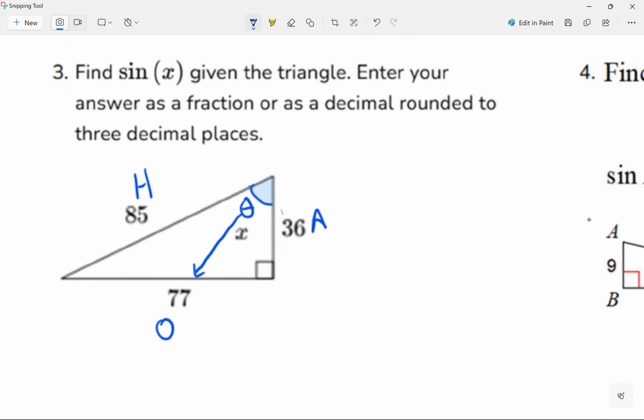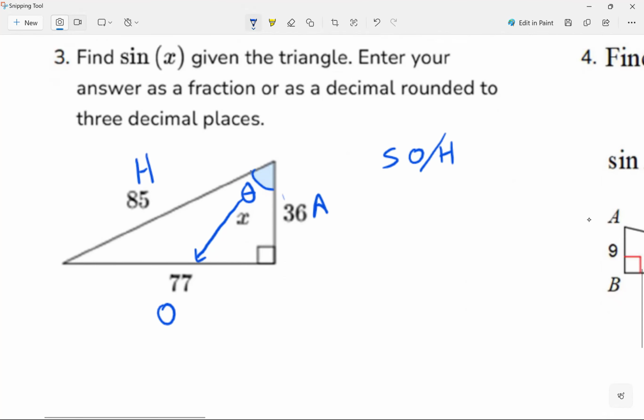I remember sine starts with the letter S, so for my acronym SOHCAHTOA, I know I gave you guys SOH, and that stood for sine is opposite over hypotenuse. So looking at my labels here, opposite over hypotenuse, I'm going to go 77 over 85.